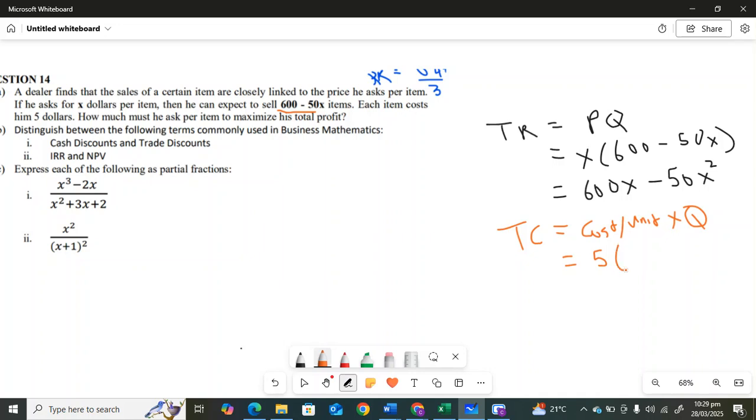Our quantity is 600 minus 50X. So you can say 5 times 600, that is 3,000, and 5 times negative 50X gives negative 250X.